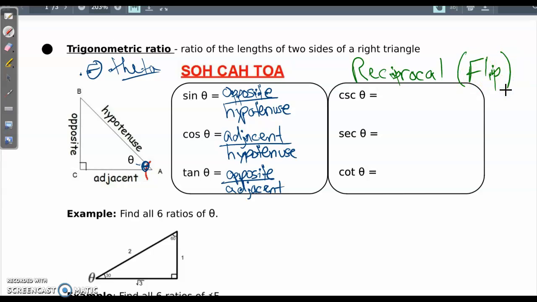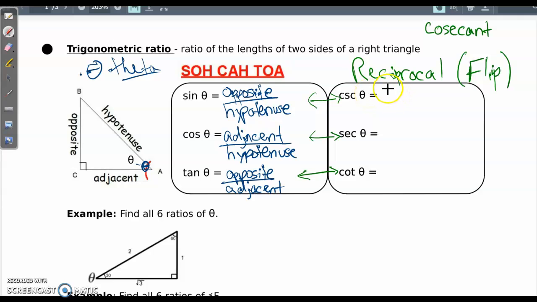So what you're going to do is take each corresponding original trig ratio and you're going to take the reciprocal, or the flip version, of the new trig ratio. So sine, the reciprocal, is cosecant. I'll write that up here, cosecant. That's what the CSC stands for.